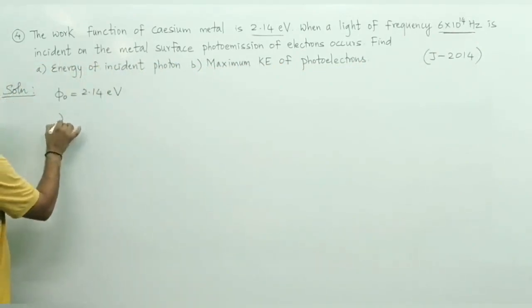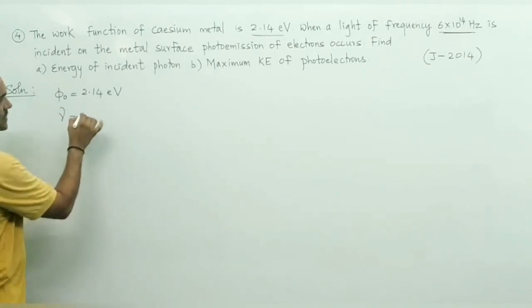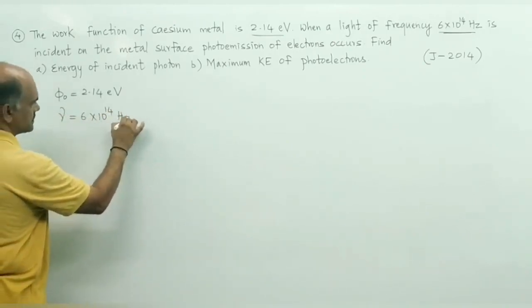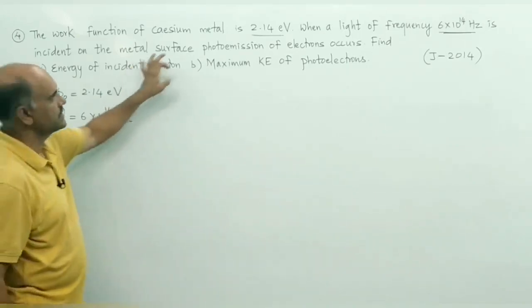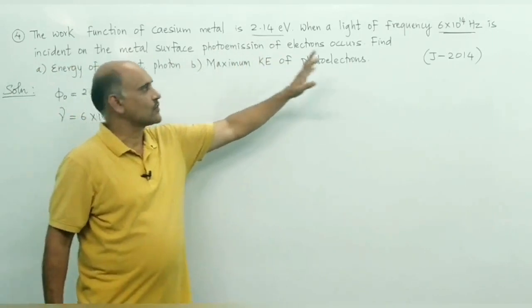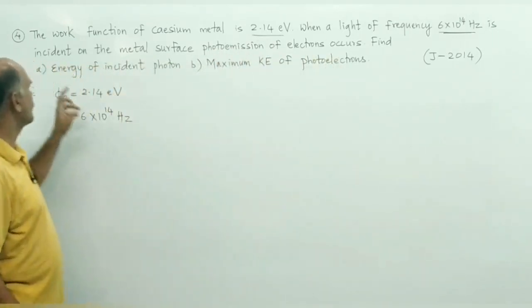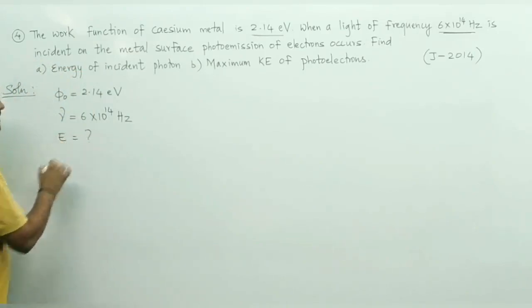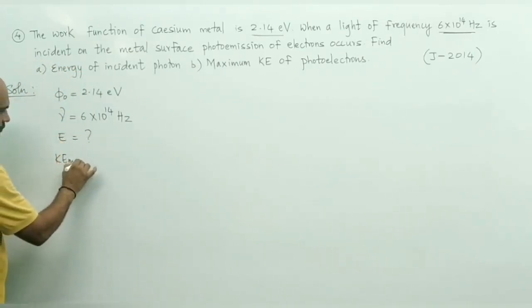So frequency of incident light is nu, this is 6 into 10 raised to 14 hertz, incident on surface, photo emission of electrons occurs, he says. Find energy of incident photon E, maximum kinetic energy, that is KE max, you are required to find.